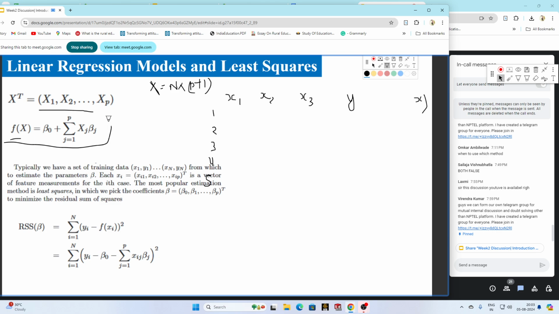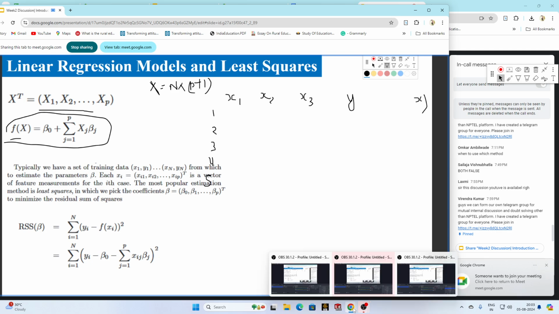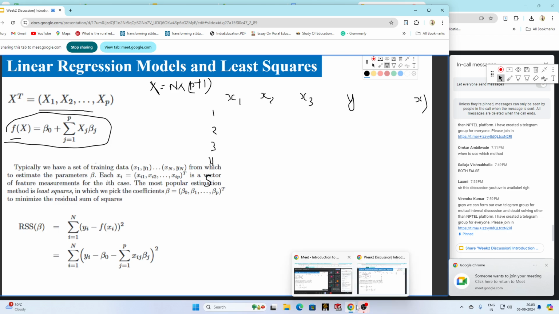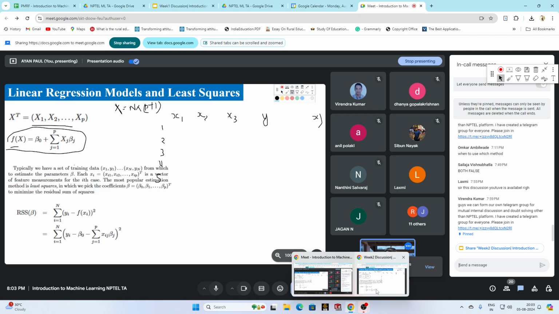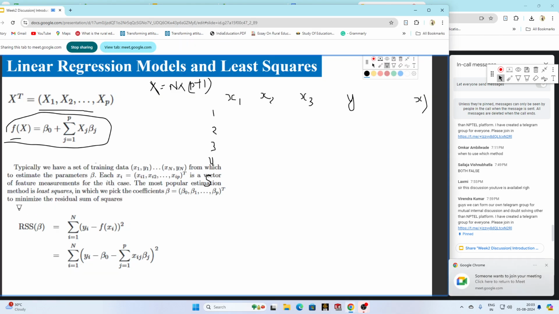Now we have got our model, but we are required to find the beta so that our model best fits. For best fitting our model we have to find the beta. So how can we find the residual square error?